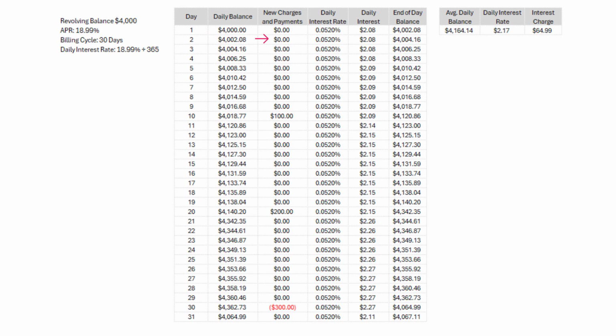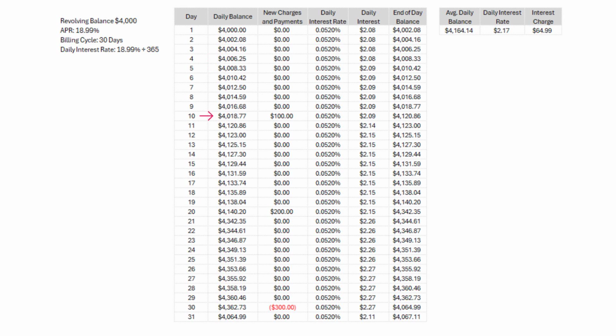Again, no charges or payments are applied. At the end of day 2, the daily interest charge is calculated by multiplying $4,002.08 by 0.0520% and then added to the end-of-day balance. You can see how the daily interest charge silently increases the daily balance each day.